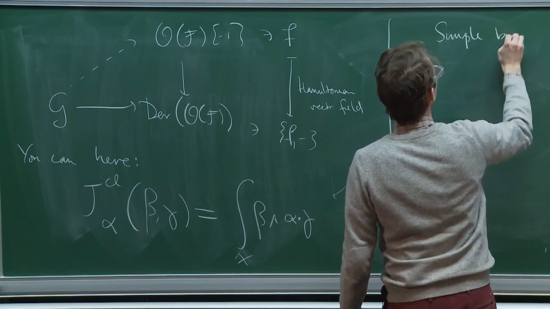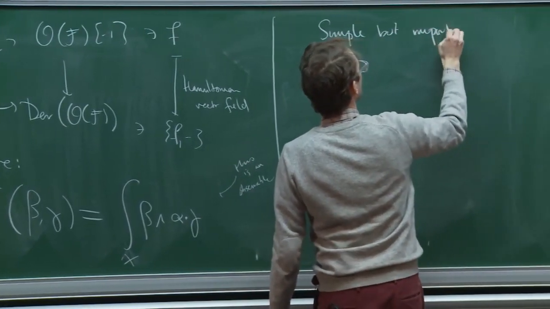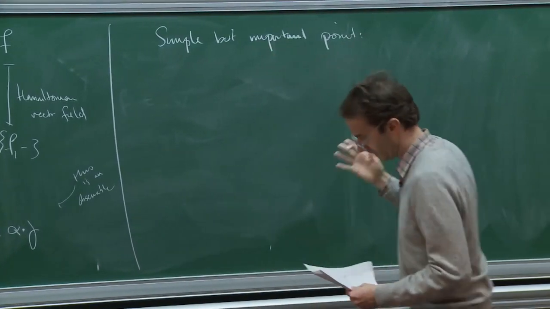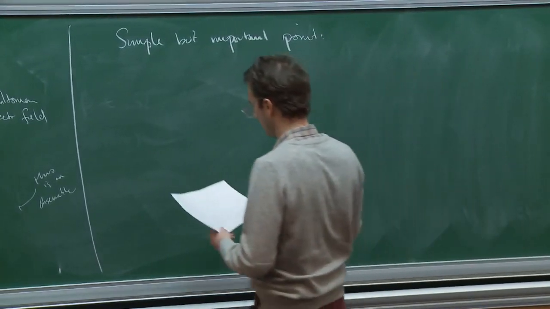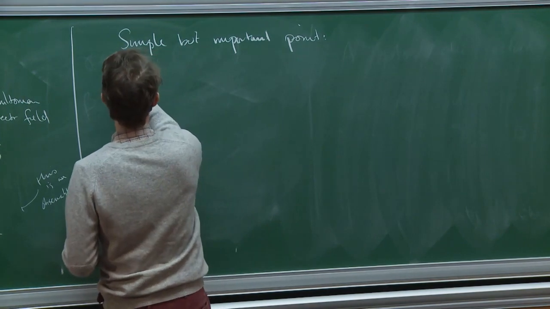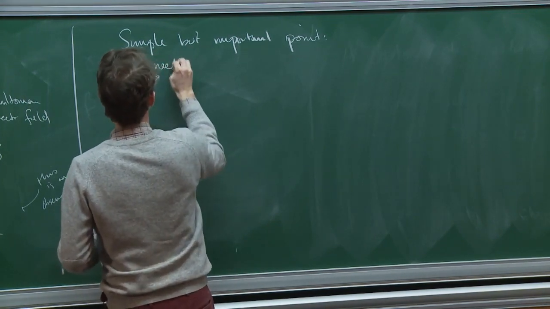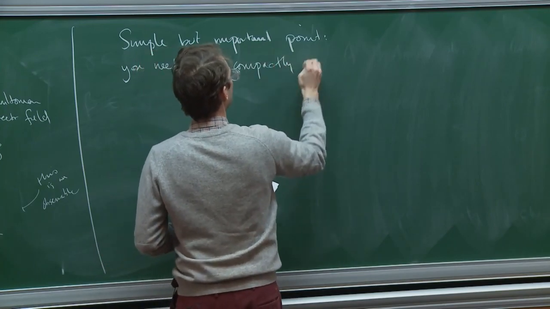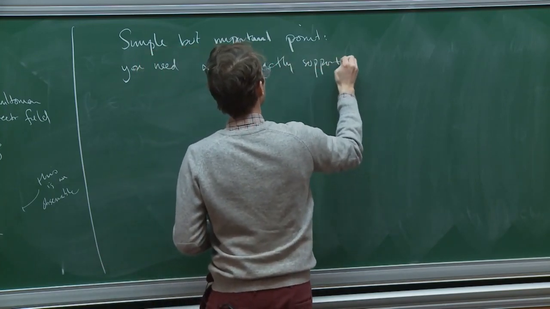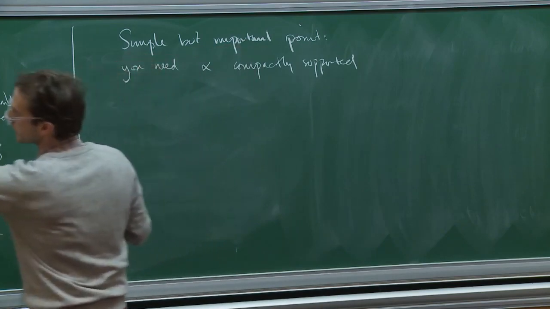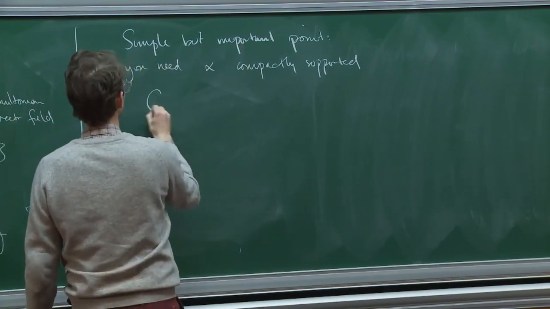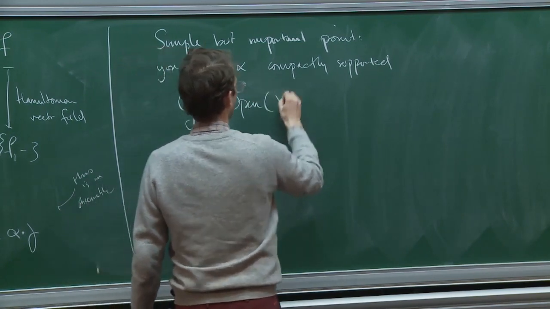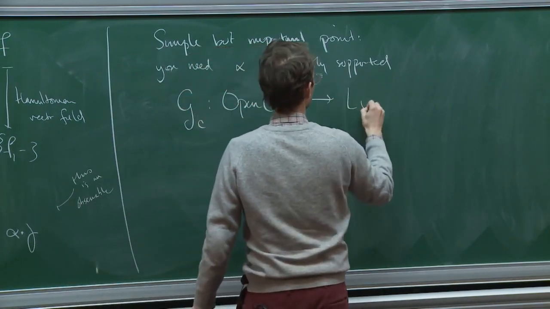So simple but important point, which I haven't seen emphasized in the physics literature, though maybe it is somewhere I haven't seen, is that you need alpha compactly supported. So really, I'm not going to work with this sheaf, but a certain co-sheaf, or pre-co-sheaf, I should say, of algebras.